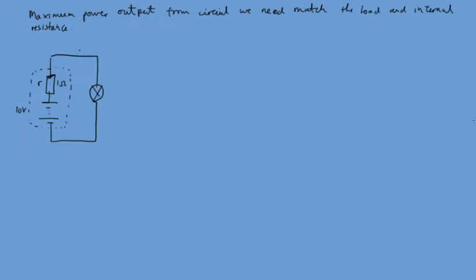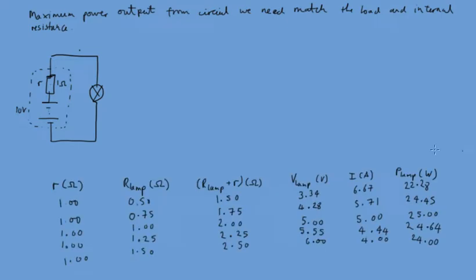Now, the value of the internal resistance remains constant, but what if we change the resistance of the lamp? And then we want to look at what is the total resistance of the whole circuit. So this is our total resistance. And this is the voltage over the lamp.